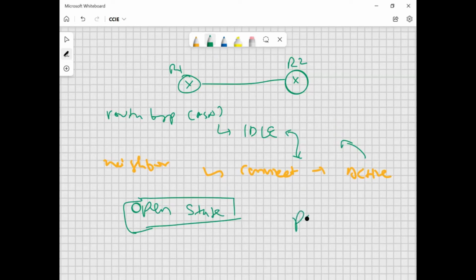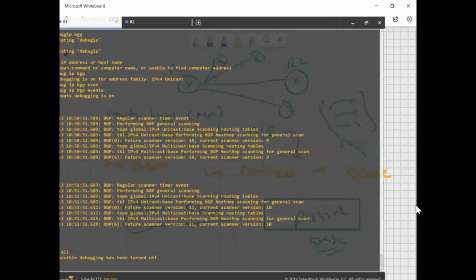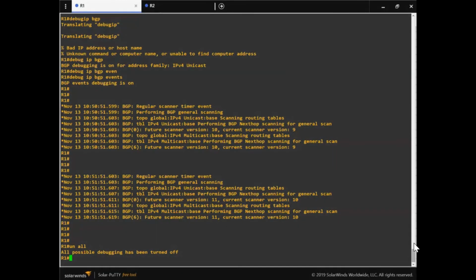Then I was talking about one more state that can happen, the passive state. Passive state is useful when we have a hub and spoke kind of relationship, where one router is configured with each and every router. Why send so many requests? Why use such heavy CPU and memory allocation? I can put the neighbor as passive. So let me show you the command.